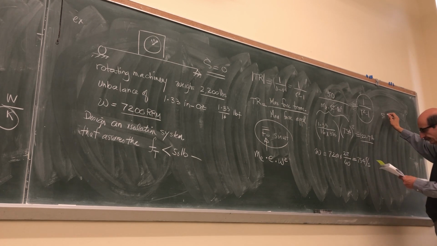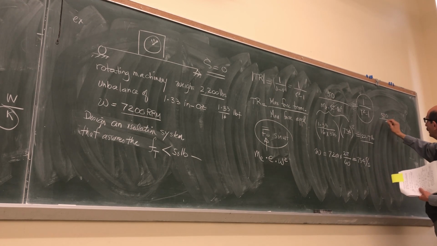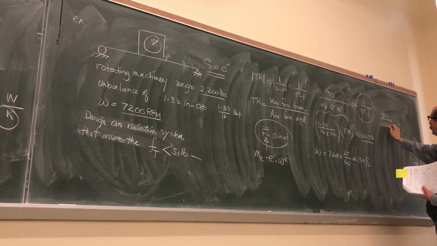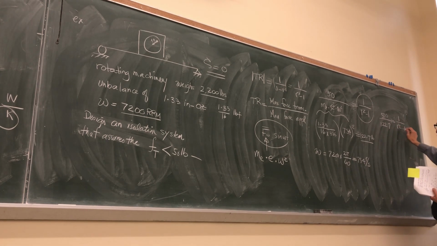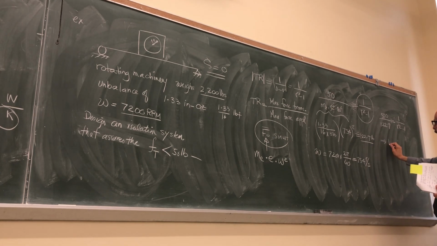So 50 divided by 122.7 is 1 over r squared minus 1. If you solve this, r comes out to be 1.86.